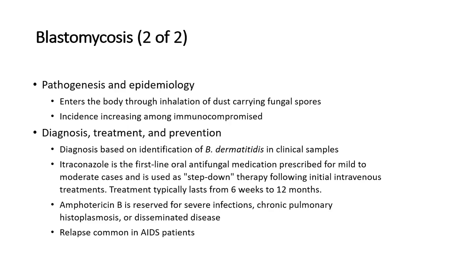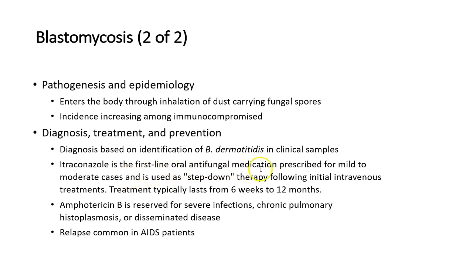Here I'm going to show you a picture of it. Basically, the pathogen enters the body through inhaling dust that contains the spores. And again, it's immunocompromised patients; most of us can fight it off, but the diagnosis is based on samples of these lesions where we can identify the blastomycosis.